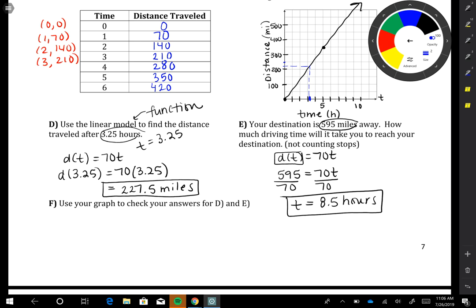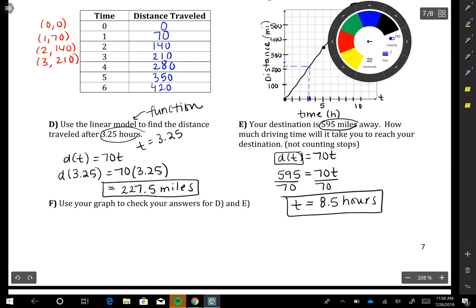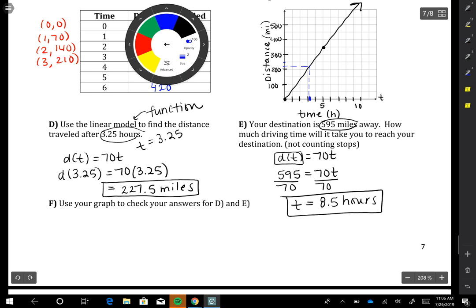The thing about using a graph is it's always a little off when you're doing it by hand, but algebra is always perfect. So, letter E, we were given the distance we're going to travel. So the distance we were going to travel was 595. So that's way up here, almost the top of the graph. Sorry about all the bells, guys.